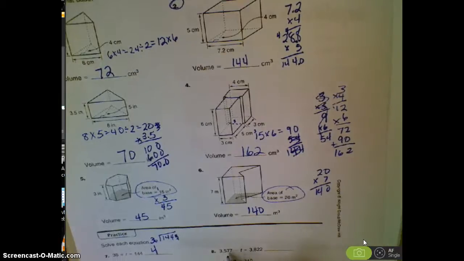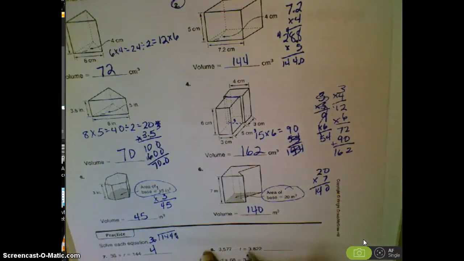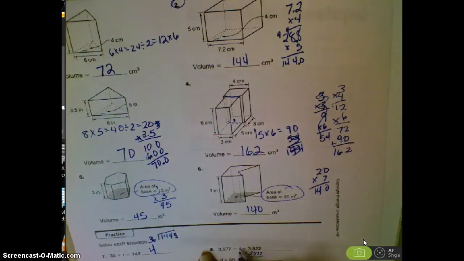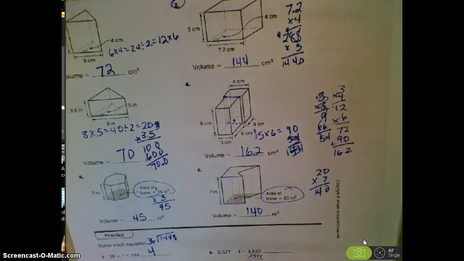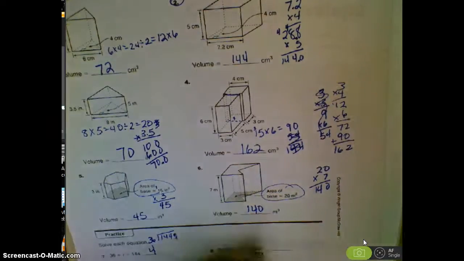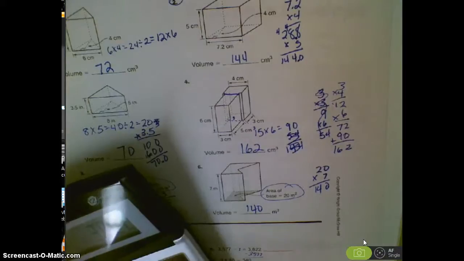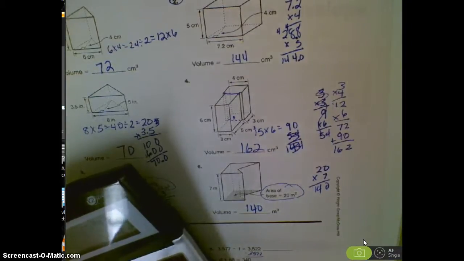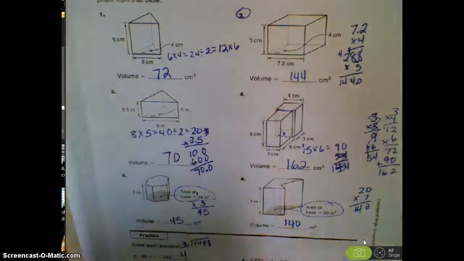On this one, I'm going to subtract over here 3,577 to figure out what t must have been. So 3822 minus 3577 equals 245 for that one.